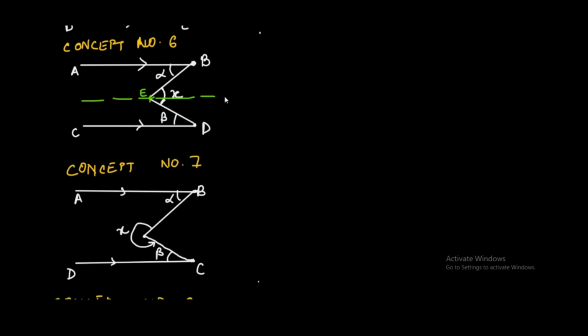We have to draw a parallel line and we should label it also. Suppose this is x, this is y, this is E already. So we can say angle BEY equals alpha because angle ABE is also alpha. This is because of alternate angles.